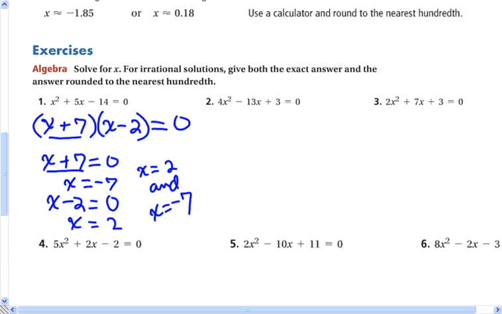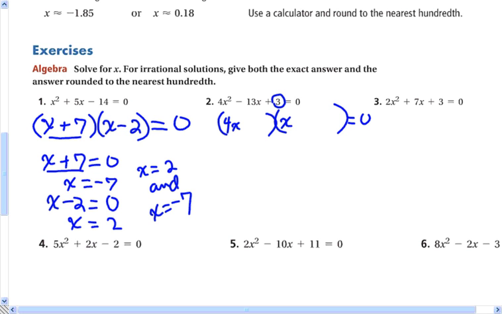All right, the second one, I think it is actually factorable. It's just a little bit harder to do. Whenever this term is greater than 1, factoring is a little bit more complicated. Unless you remember how to do that, I'll just give you a general idea of what we need to do for factoring. You would have to separate this 4x squared into two terms, and that could either be 4x times x or 2x times 2x.